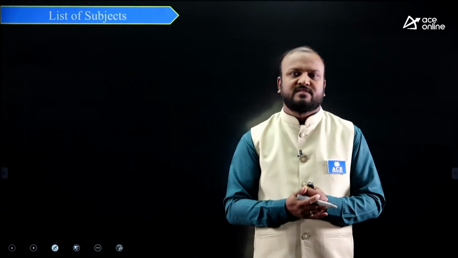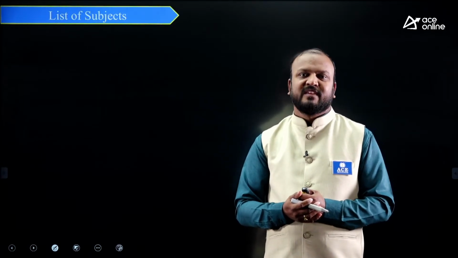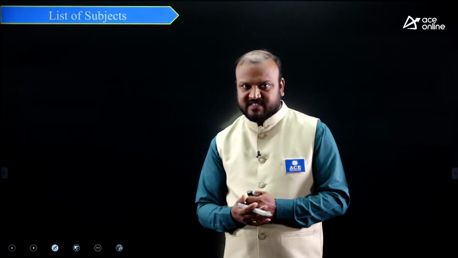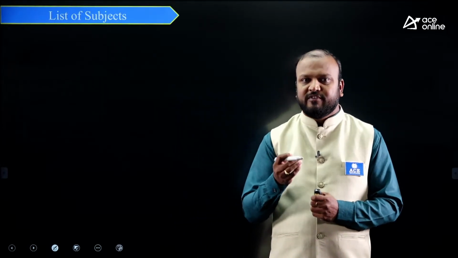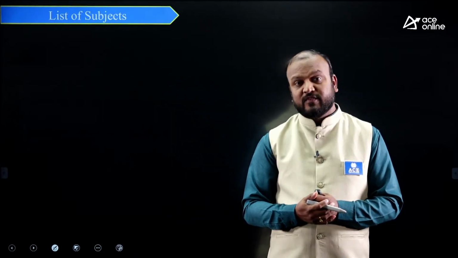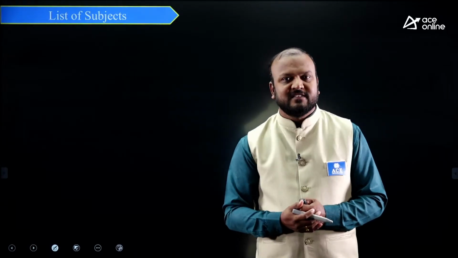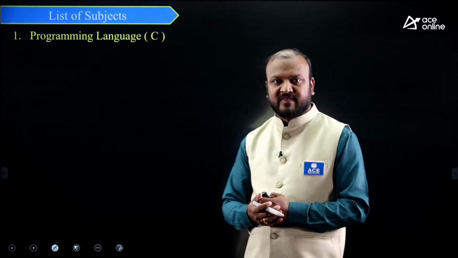Apart from those GATE subjects, it also has some other subjects. But the weightage of other subjects is very small, though it requires focus also to crack the ISRO exam.